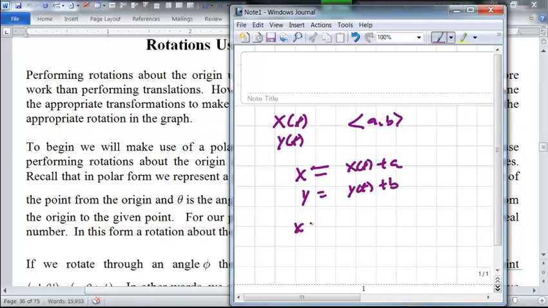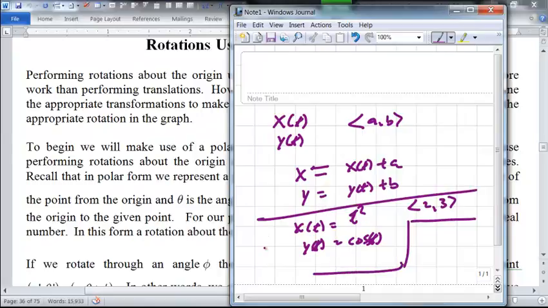So, for example, if x was originally given as t squared, and y was given as cosine of t, and we wanted to translate by the vector (2, 3), then the new relation would just become x is t squared plus 2, and y is cosine of t plus 3. So very easy to do.